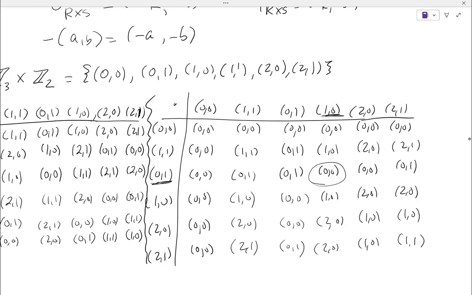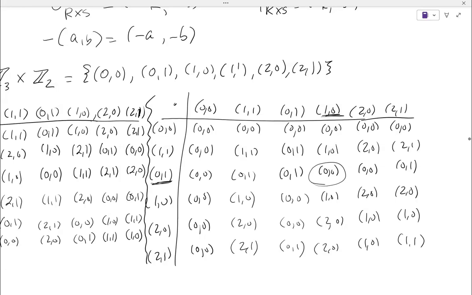All right. What are the units? What elements have multiplicative inverses in this ring? What elements are units?